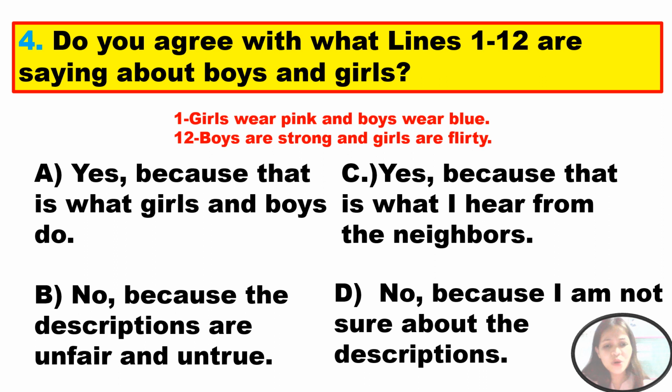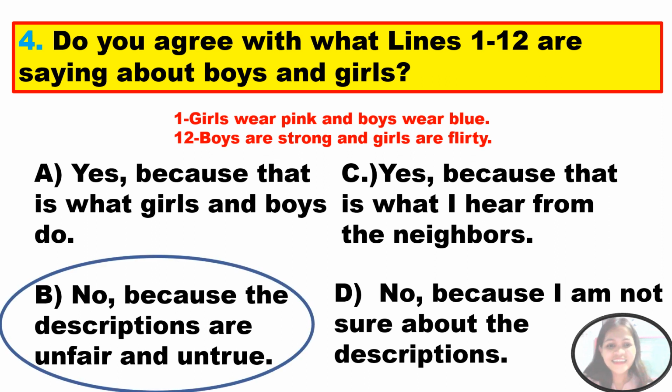B. No, because the descriptions are unfair and untrue. C. Yes, because that is what I heard from the neighbors. Letter D. No, because I am not sure about the descriptions. And the correct answer is letter B. No, because the descriptions are unfair and untrue.